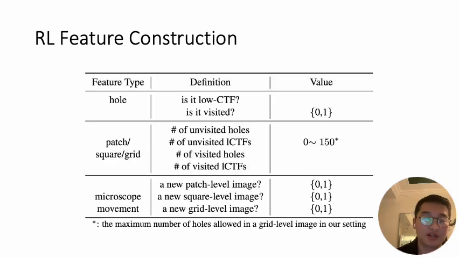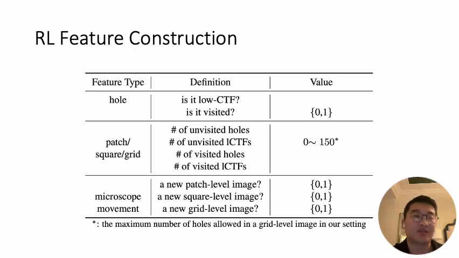And we construct the features in the following way. First of all, we will have the prediction on the probability of whether this hole location has a high quality micrograph. So this will be a binary feature. And then we also generated some high level summary features of patch, square, and grid images to help the agent do the high level planning.